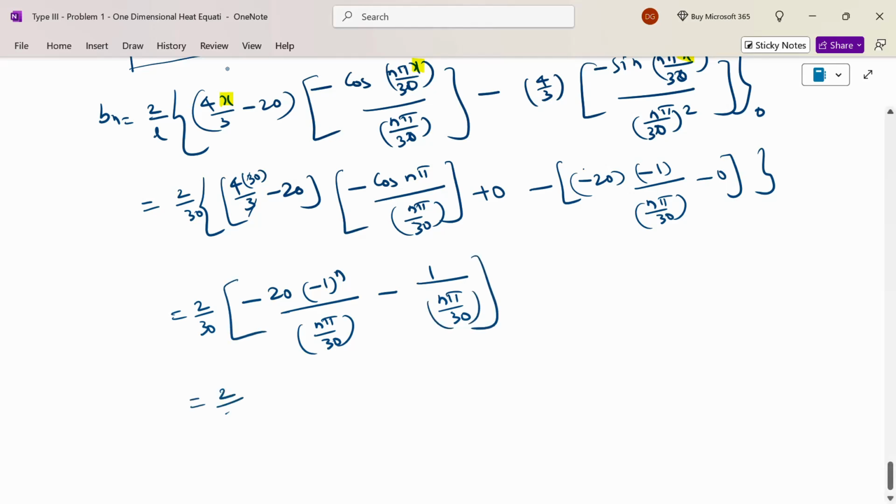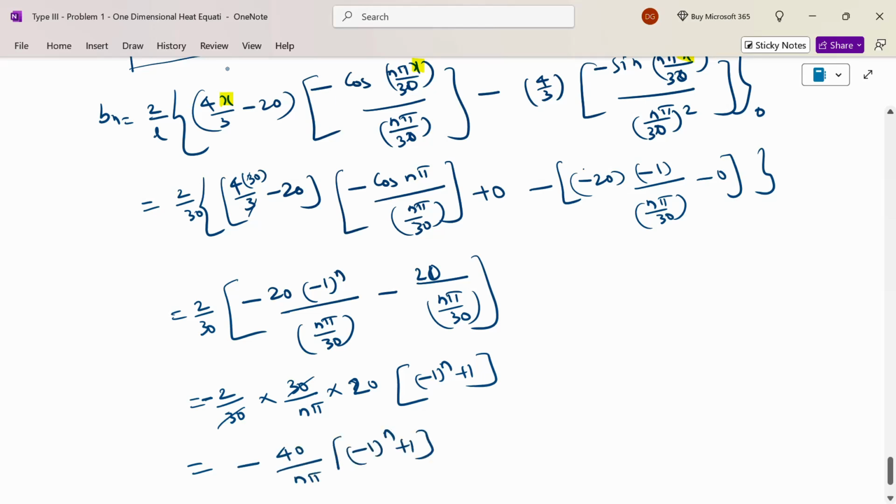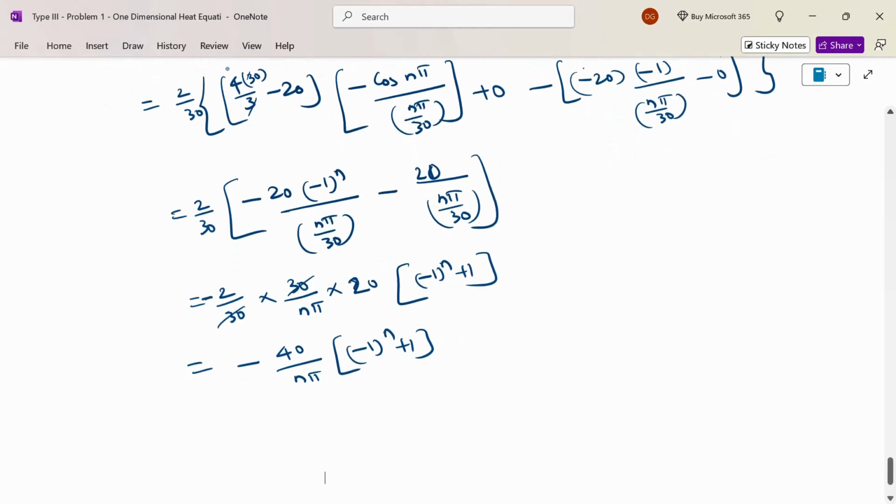Now I'll take the common term, 30 by n pi into 20, take 20 also out. Therefore I'm taking minus also common, therefore minus 1 power n plus 1. Now cancel this 2, minus 40 by n pi, minus 1 power n plus 1. This is Bn.